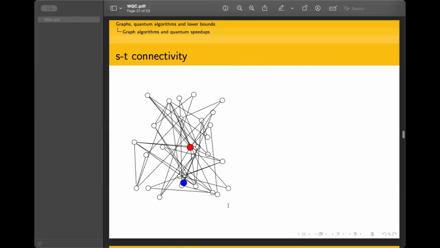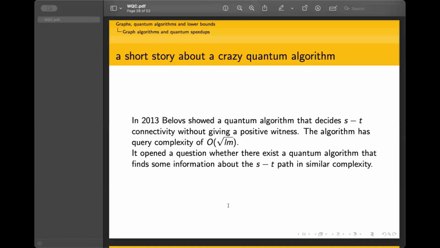And well, this work on ST connectivity. I'm recalling this graphic from earlier, just to remember what the problem statement is. This algorithm has complexity of square root of Lm, and it decides connectivity on that graph.